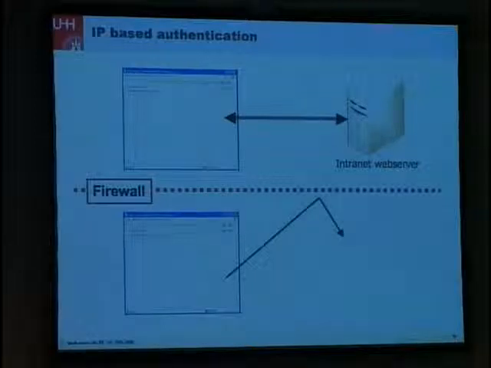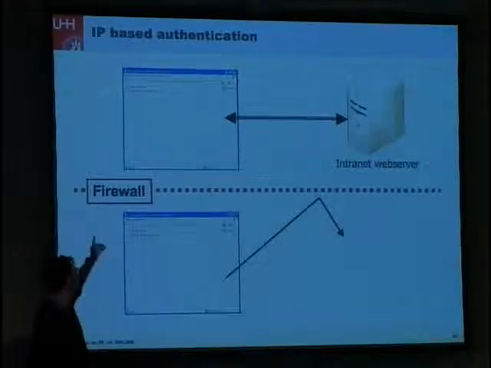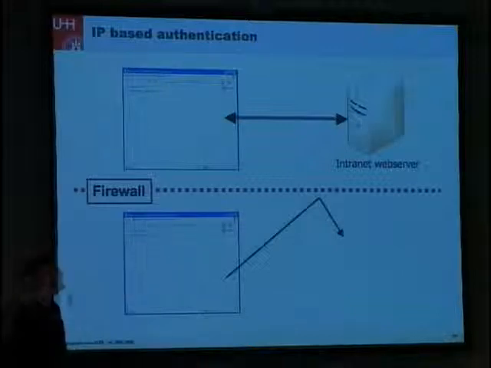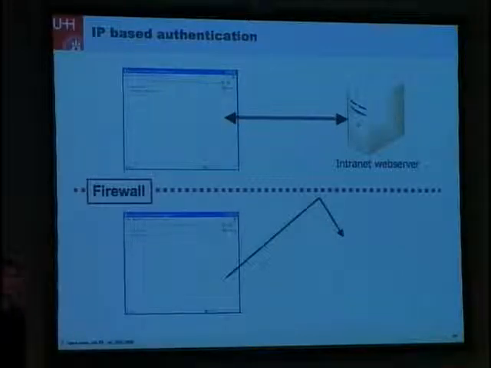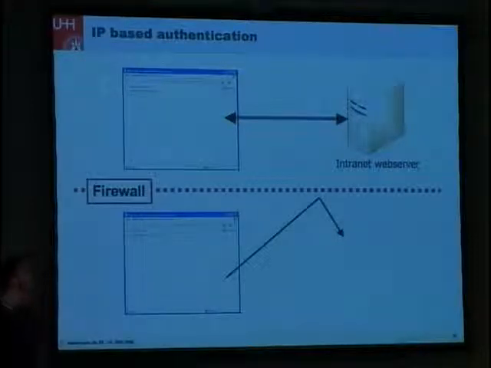This is actually a kind of dirty hack, but you find it in pretty much every single intranet of every single corporation. We have an intranet web server, and the intranet web server lives behind the intranet firewall. Every web browser in the local net has no problem going to the intranet web server and logging on or accessing the intranet.